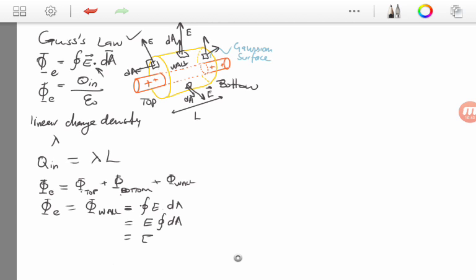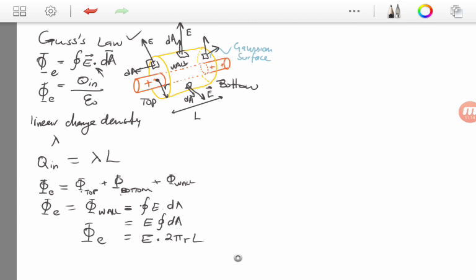So we can further write this as 2π times r multiplied by the length. So this is our Φ_E. It's E times 2πrL. The r here is the radius from the center to here.